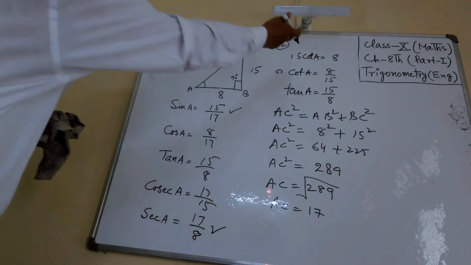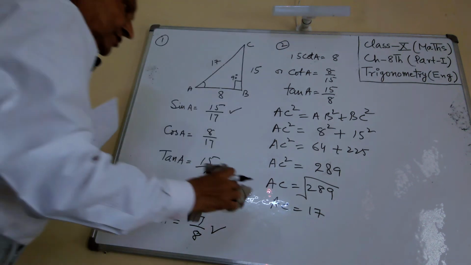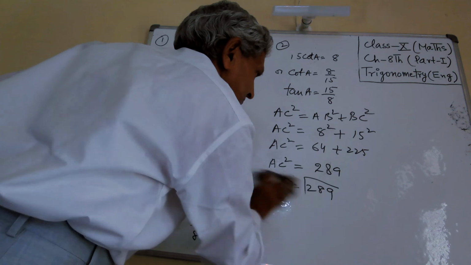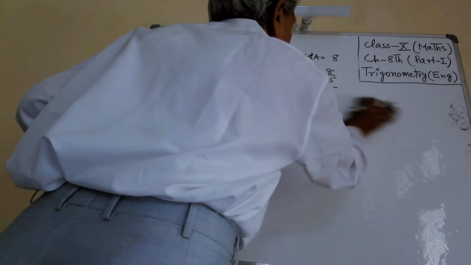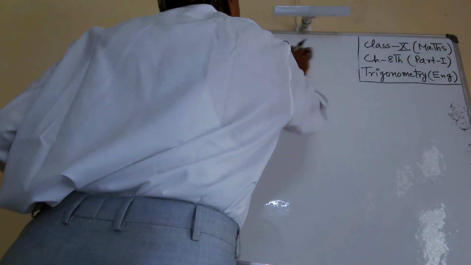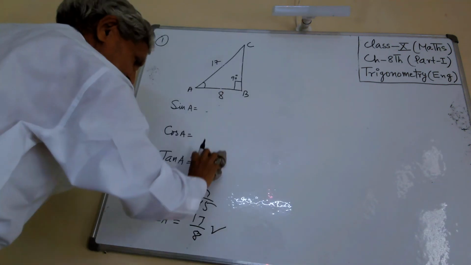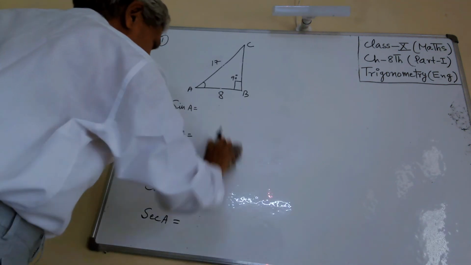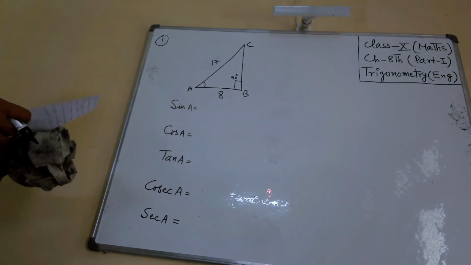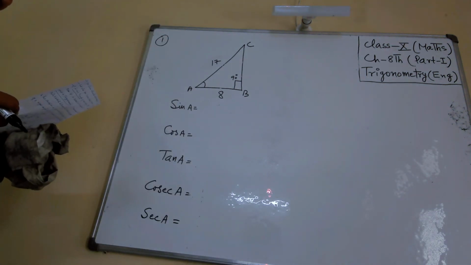And what is cot A? That is given. So this was the second question. Now take third question. Remove these, not all, because we have to write it again.